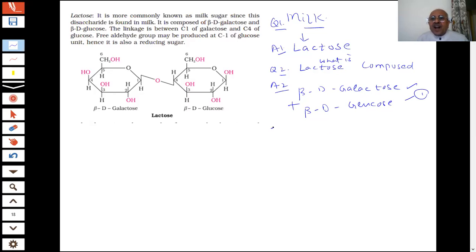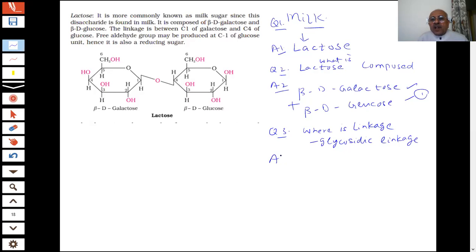Question 3, again I said, tell me where is the linkage? I talk of glycosidic linkage. Sir, C1 of galactose and C4 of glucose. See, be careful in answering. This is the point.